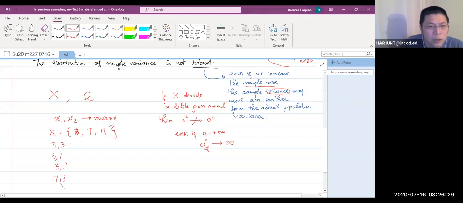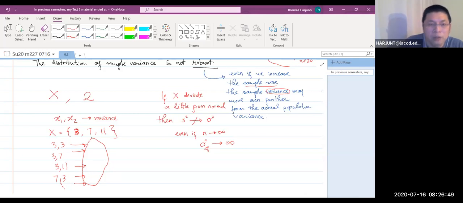Then you find the variance of each sample, and then you find the variance of those variances. You will see that the result may not be the variance of the original underlying distribution or in any way related to it. That's why I don't even want to bother to show you.